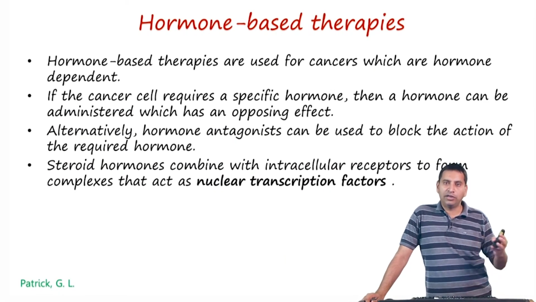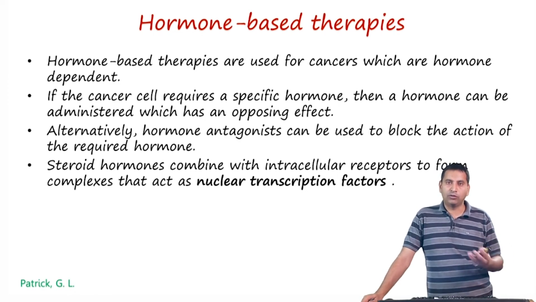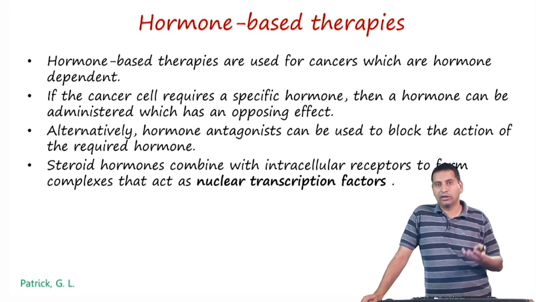There is another major class of therapies that are used, which are known as hormone based therapies. Many cancers are dependent on hormones. These hormones can help in stimulating growth, and therefore, if the cancer is dependent on the hormone, one could use this mechanism to inhibit it.